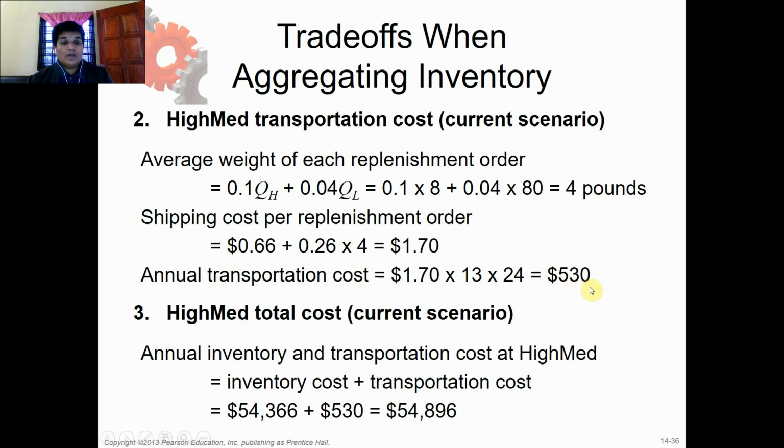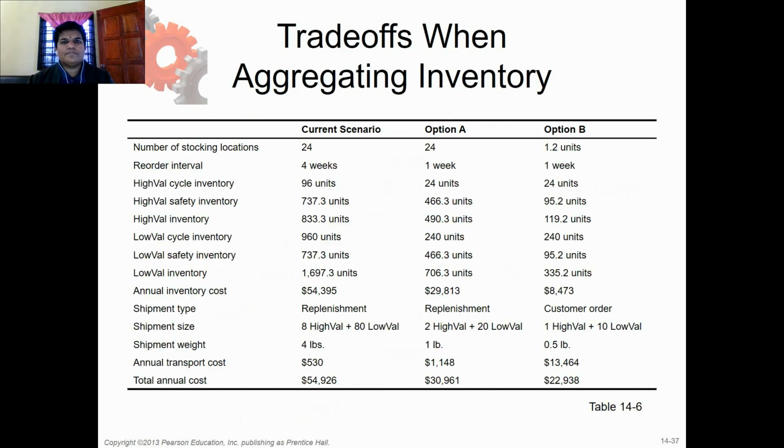So the annual transportation cost will be 530 US dollars. So the annual inventory and transportation costs at IMAC will be inventory cost plus transportation cost. That will give us 54,896 US dollars. So this is the current scenario. These are the options, option A and option B. So you see the total annual cost.